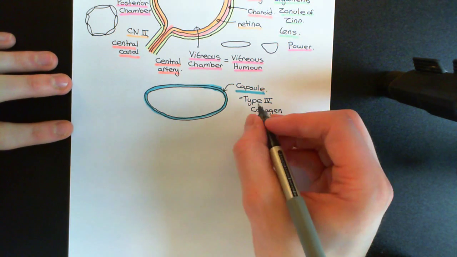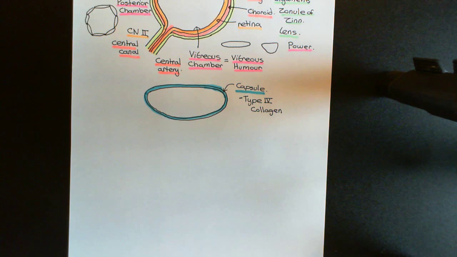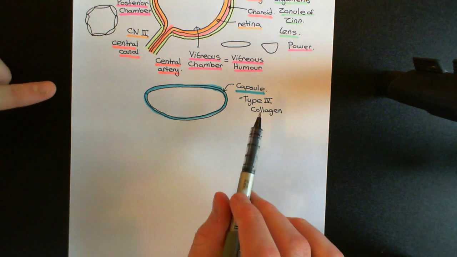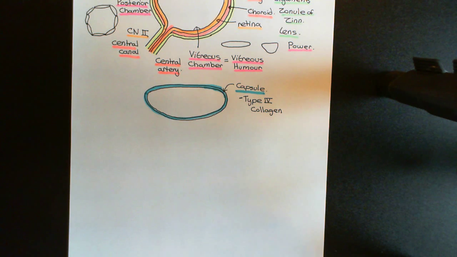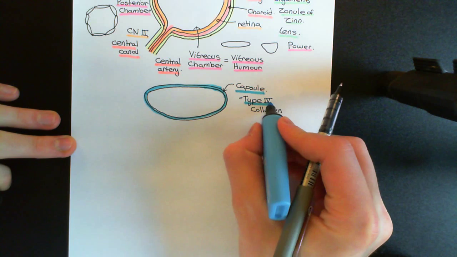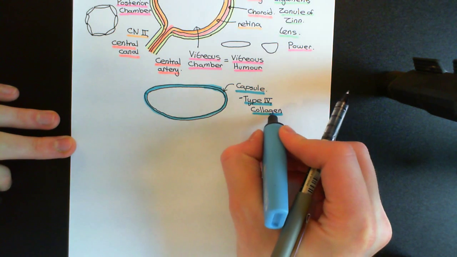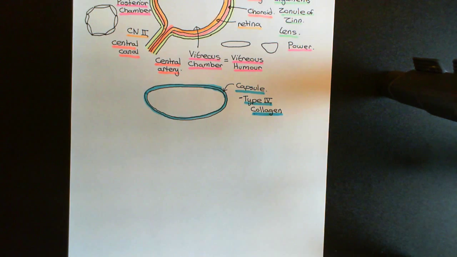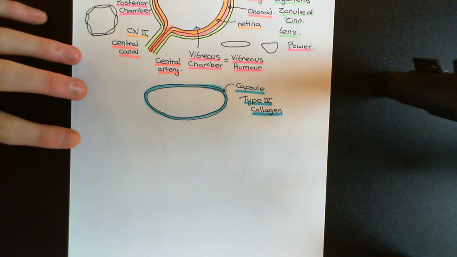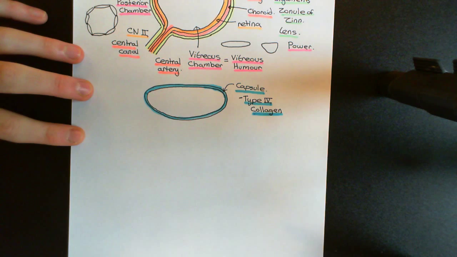There are loads of different polypeptides that you can use to build collagen fibres, and the different types of collagen fibres are built out of different combinations of these polypeptides. So all type 4 collagen means is a specific combination of polypeptides has been used to make those collagen fibres that have made that connective tissue. So principally the capsule of the lens is made up of type 4 collagen.